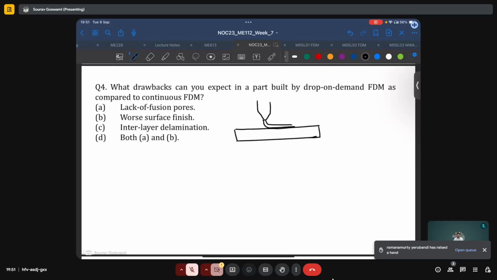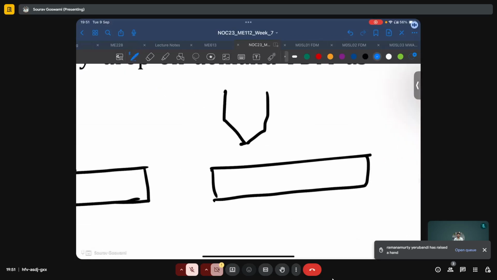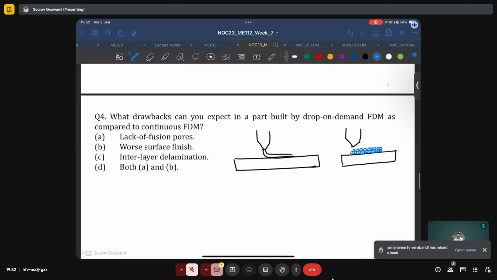This was the continuous fused deposition modeling, whereas in the case of drop-on-demand, the deposition happened in the form of these discrete drops of material, and they were deposited in regions wherever needed instead of being deposited continuously.